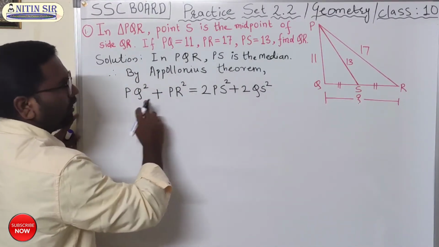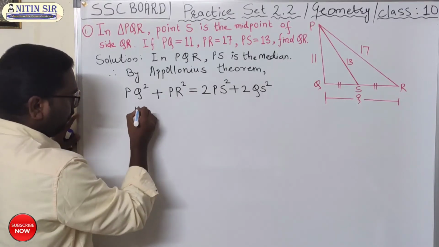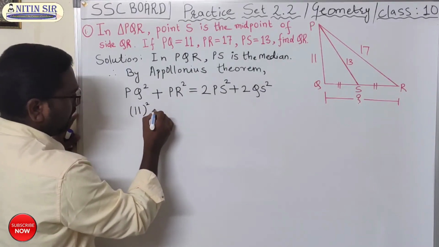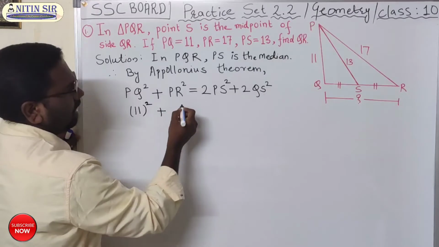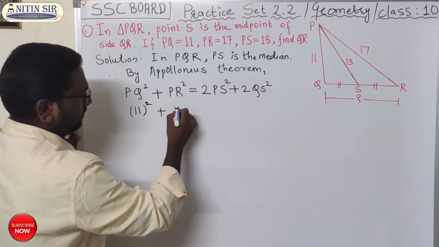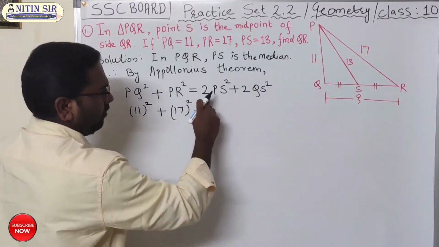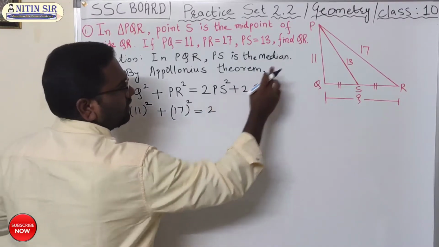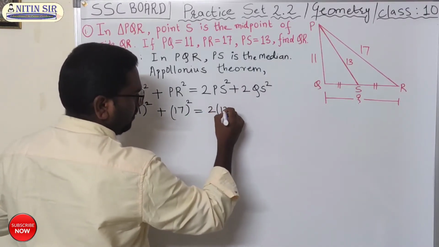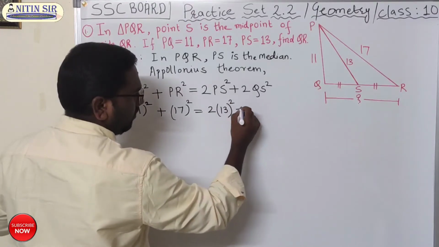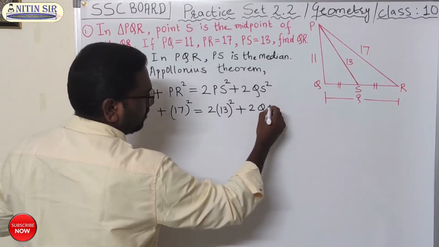So what is the value of PQ? 11. So you will put the value of 11 square plus what is the value of PR? 17 square is equal to 2 as it is. What is value of PS? 13 as it is, square, plus 2QS square.